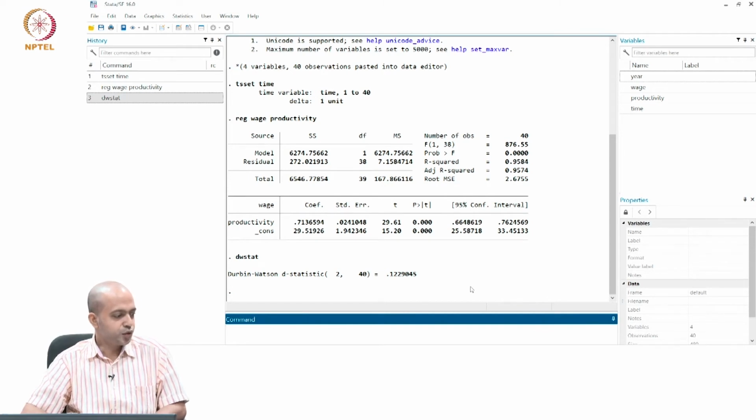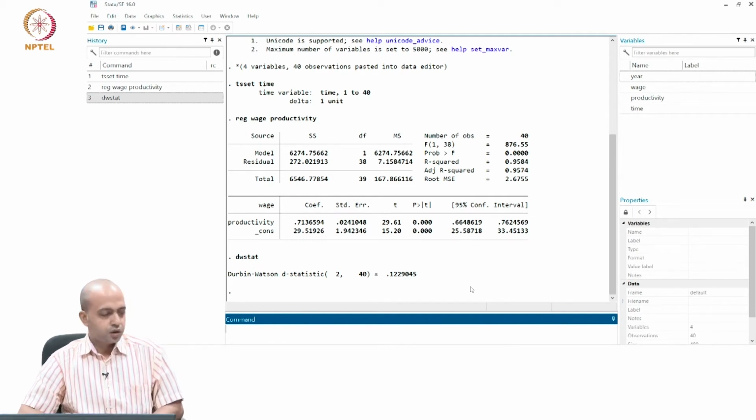As I said, the Durbin-Watson test statistic value depends on the total number of observations and the total number of parameters to be estimated from the model. There are two parameters, productivity and the constant term. So Stata is showing the Durbin-Watson test statistic value, with 2 and 40. Okay, 2 and 40. Right.